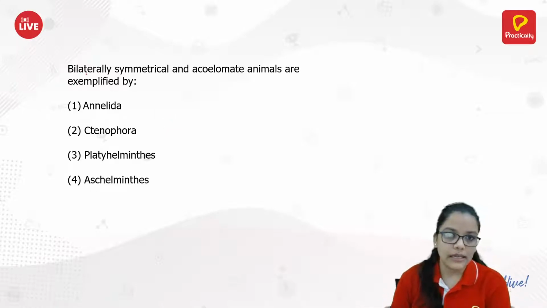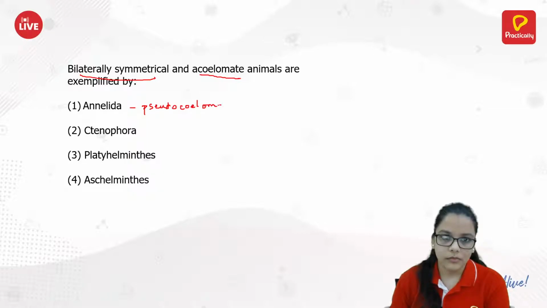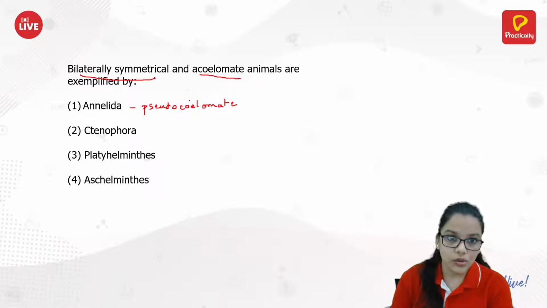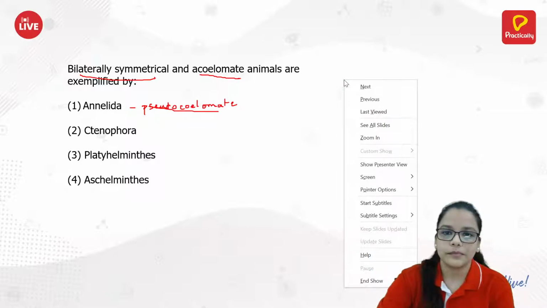It has to be bilaterally symmetrical and it has to be acoelomate also. Now, Annelida, I think it is pseudocoelomate. Oh, sorry, Annelida is coelomate.